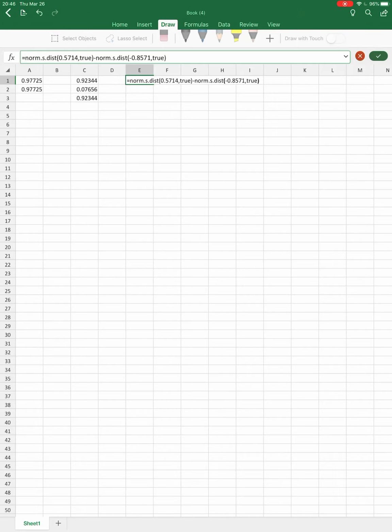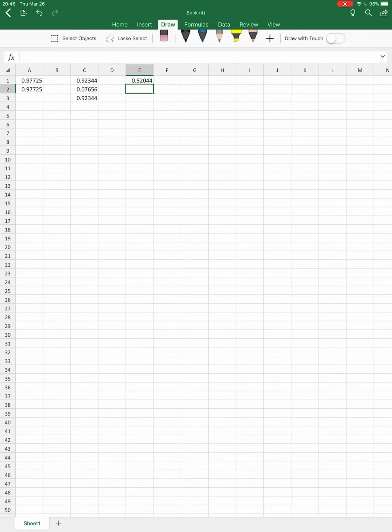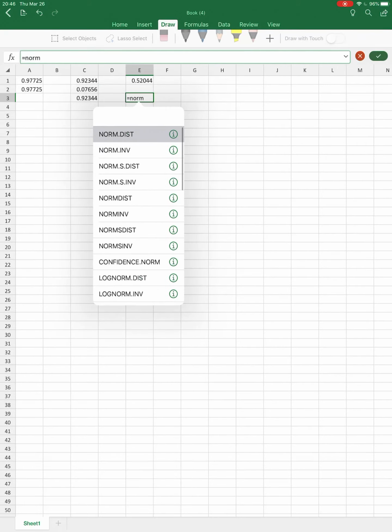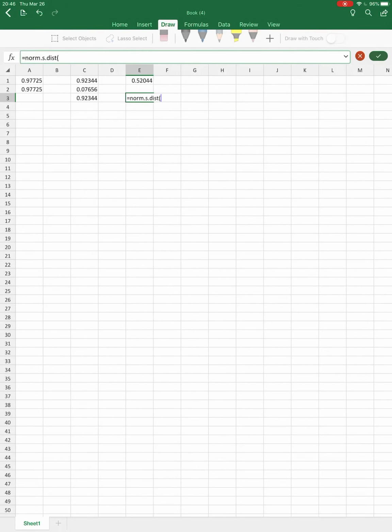This is going to give me the area in between those two z-scores, 0.5204.